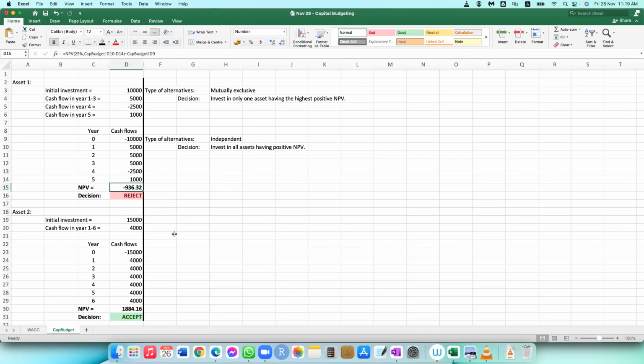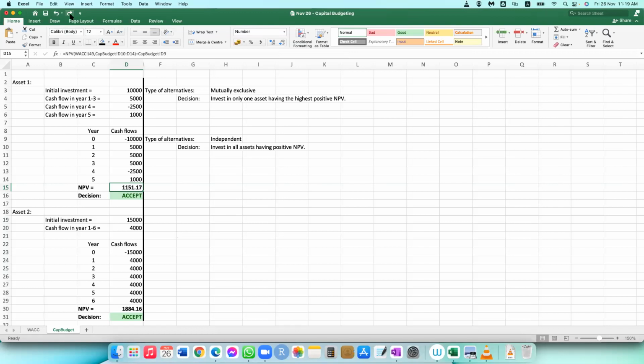So there must be a discount rate between 15% and 25% that will make the NPV zero. Am I right or wrong? So can you repeat the question once again? When the discount rate was 11%, NPV was 1,151.